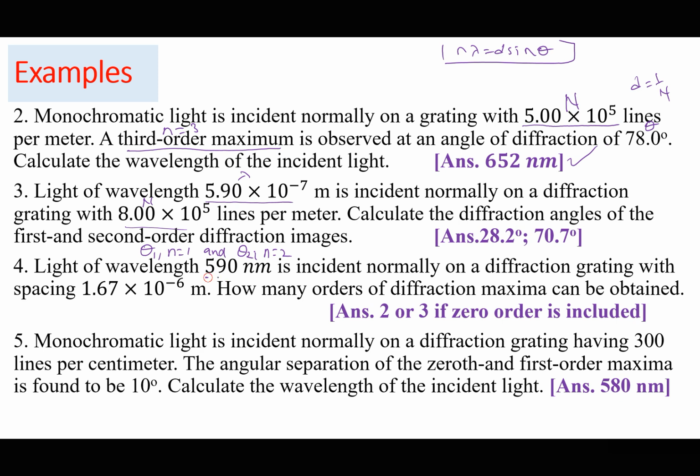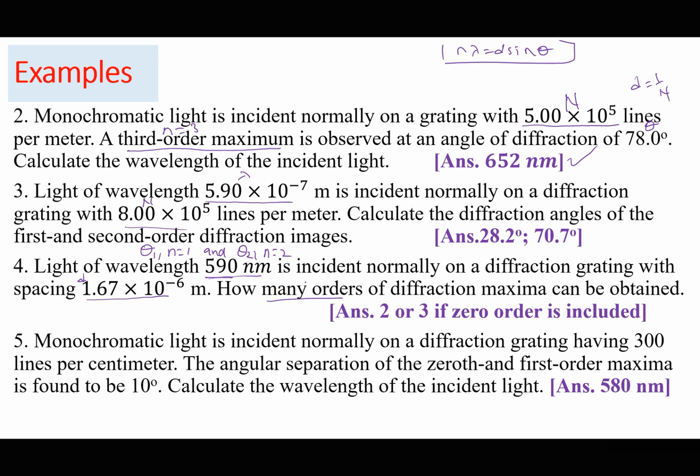Light of wavelength 590 nanometers is incident normal on a diffraction grating with the spacing 1.67 times 10 to the power of minus 6. So we have the wavelength as 590. We have the spacing. When they say spacing, that is now d, small letter d. How many orders of diffraction maxima can be obtained?